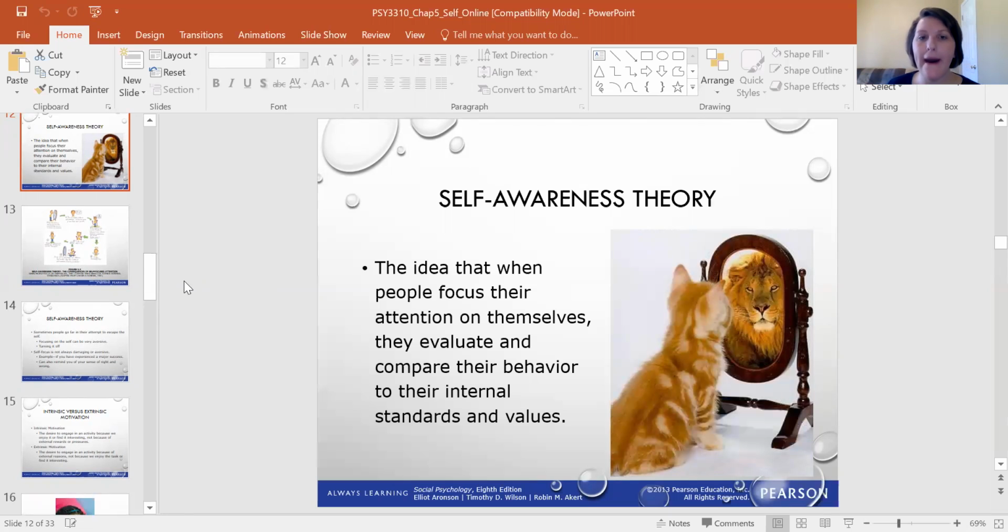So we all have standards and values that we have as part of who we are. If I asked you to jot down the 3 most important things to you, okay? It could be your family, it could be your education, it could be sports, athletics, it could be your occupation, your job, your career, whatever your values are, right?